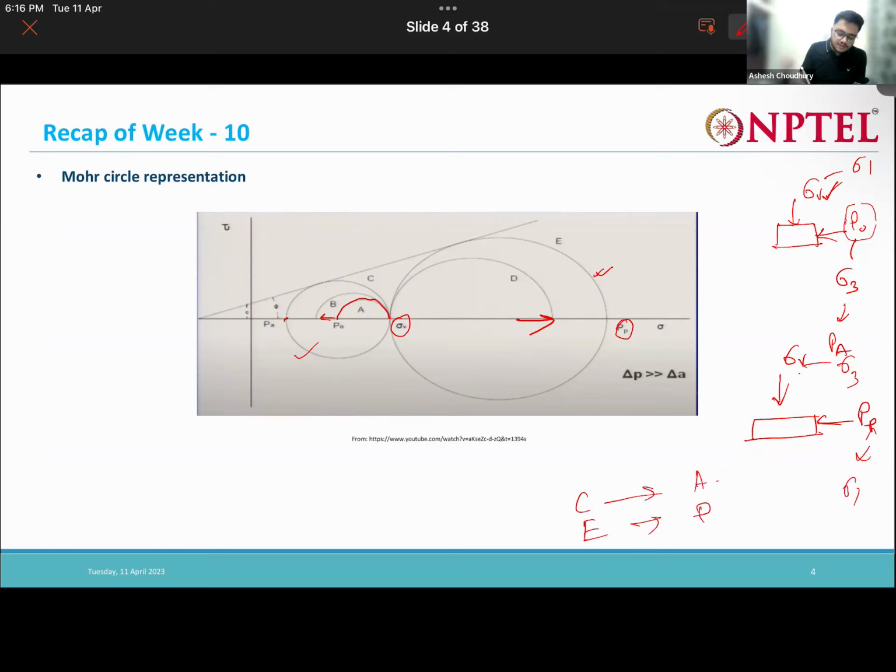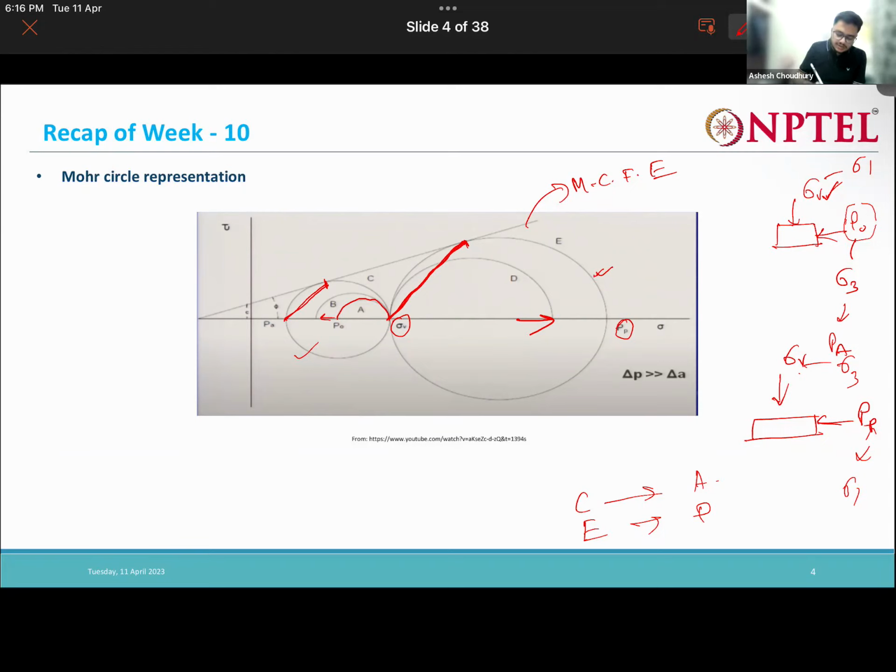So both these circles will meet these lines at these particular points. So this line is nothing but my Mohr-Coulomb failure line, right? You'll see that the Mohr circle will make a tangent to this line. Okay, and this angle and these points will give me the inclination of my failure plane with the horizontal, isn't it?